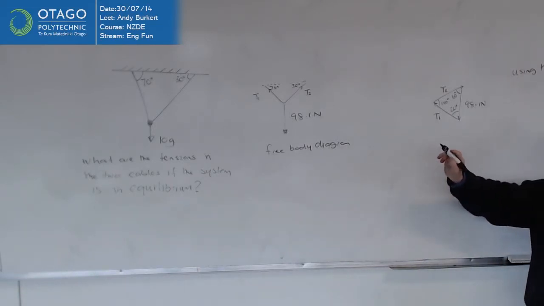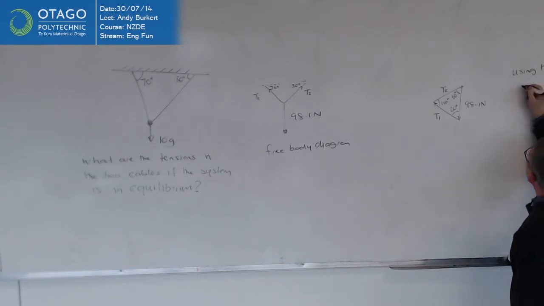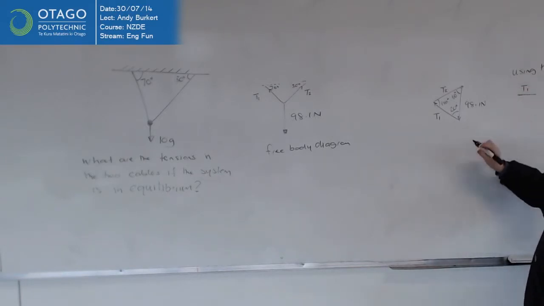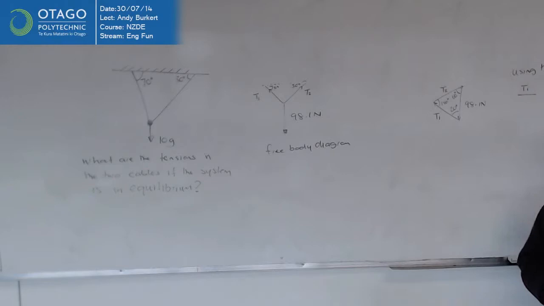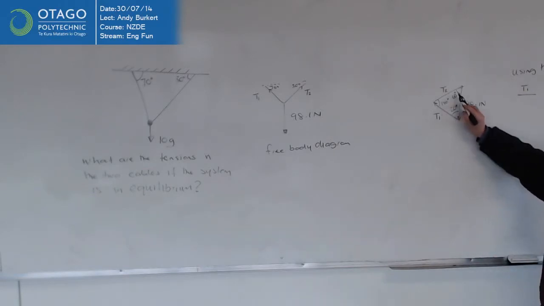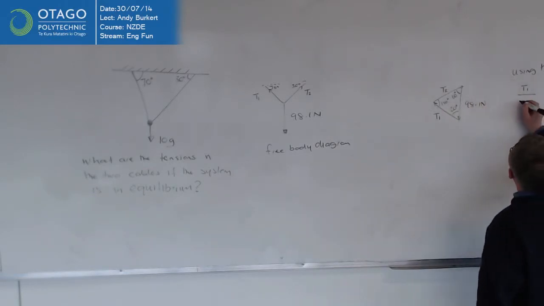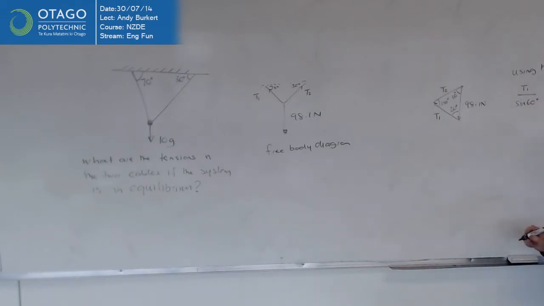So we always start with what we want. So we're trying to find T1. So T1 divided by the sine of the angle opposite. So opposite T1 is 60 degrees. So T1 over sine 60 degrees equals the force we know, 98.1, divided by the sine of the angle opposite, which is 100 degrees, the sine of 100 degrees.